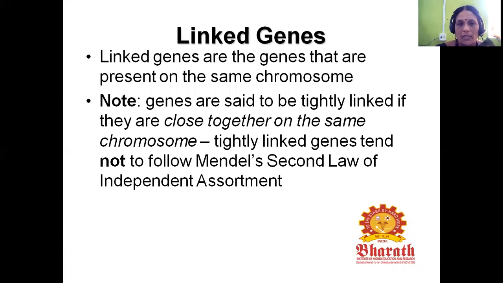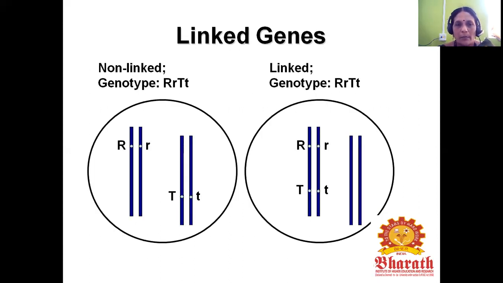Linked genes are the genes that are present on the same chromosome. Note that genes are said to be tightly linked if they are close together on the same chromosome. Tightly linked genes tend not to follow Mendel's second law of independent assortment. This is the non-linked genotype, and the linked genotype, you see in the picture.